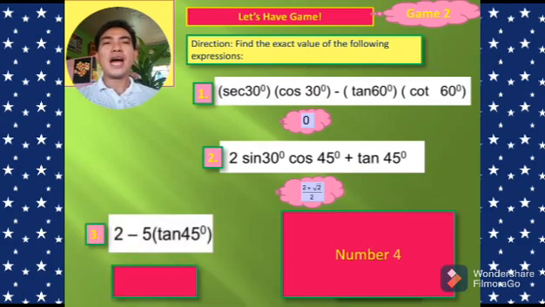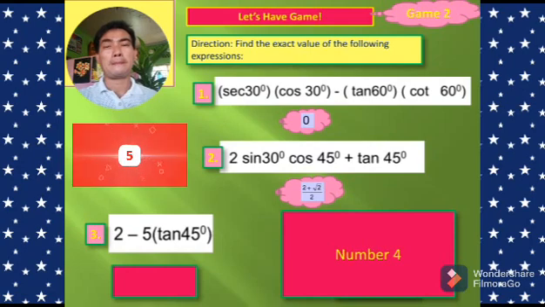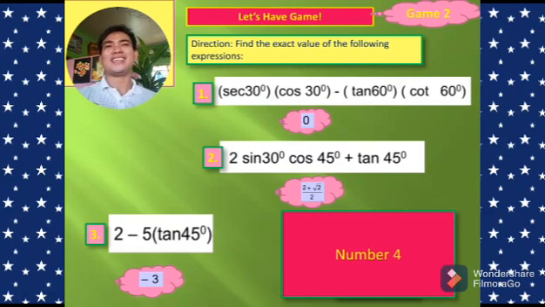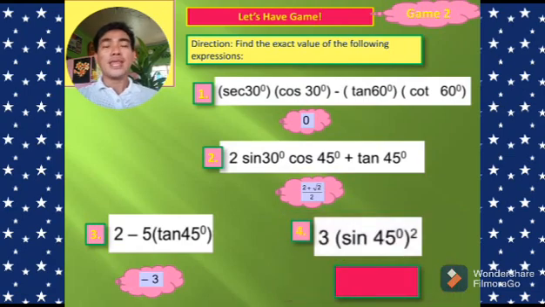2 minus 5 times tangent 45 degrees. Ready? Go! Let's reveal the answer. And the answer is -3. Perfect. Okay, let's proceed to number 4. 3 times sine 45 degrees square.